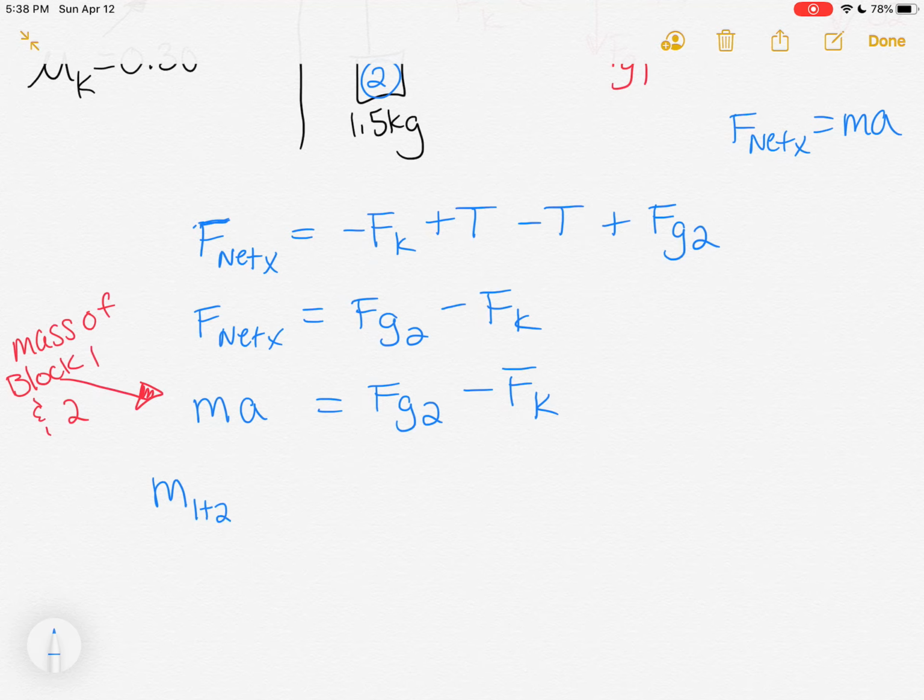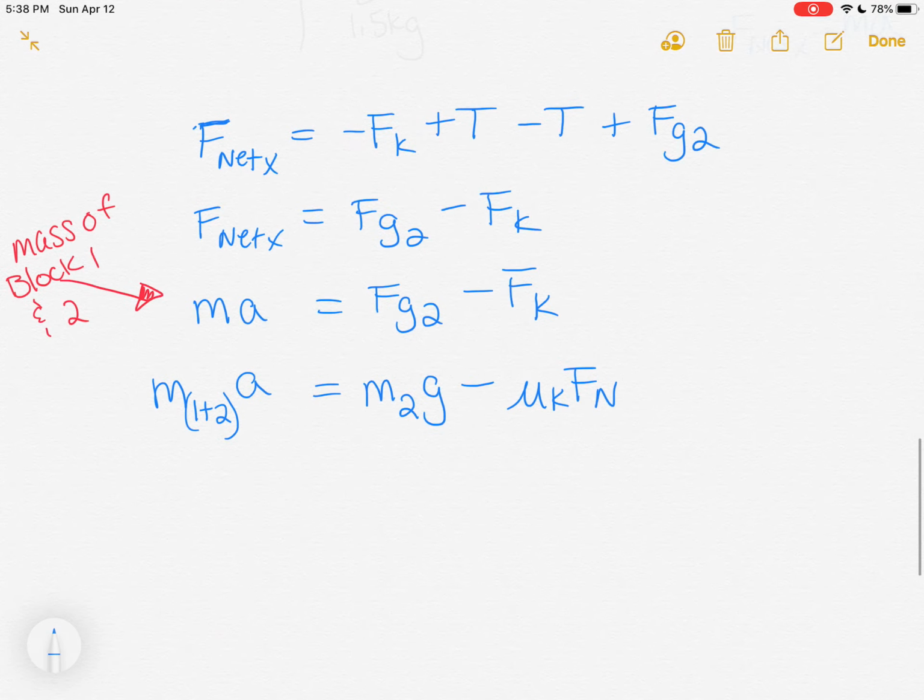So this is really the mass of m1 plus 2 times my acceleration. And then FG2, we know we can substitute and say that's really m2g. Fk, we know we can substitute mu k Fn, and then we can keep substituting till we get to a point where we have the things to plug into our equation. So we have m of 1 plus 2 times our acceleration will be m2g.